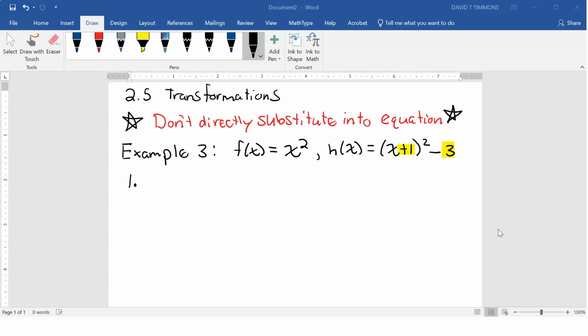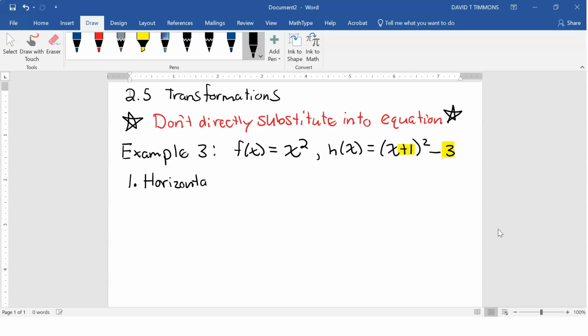Now, when we have sequences of transformations, it turns out that horizontal shifts will always be done first before any other transformation. And when we have different types, it turns out that vertical shifts will be done last. So in this case, our horizontal shift will be done first, then the vertical shift will be done second. So let's identify what the transformations are and what the manipulations are, and then solve the problem.